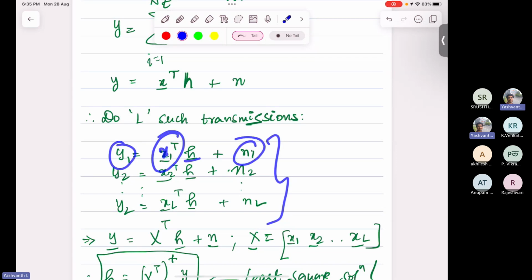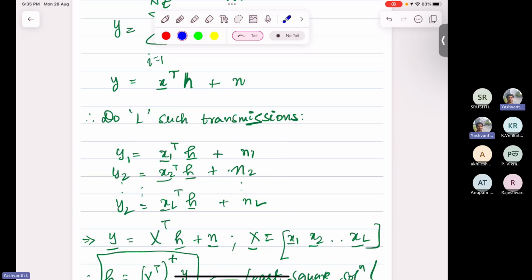That is, x1 transpose means the transmitted vector at the first symbol. I'm sorry, here the subscript denotes the time, which transmission index it is. The first transmission is y1 is equal to x1 transpose h plus n1. But note that h is independent of what we transmit. It's a channel characteristic, so h will remain the same in all the equations. But noise can potentially vary, because noise is something random. It varies with time.